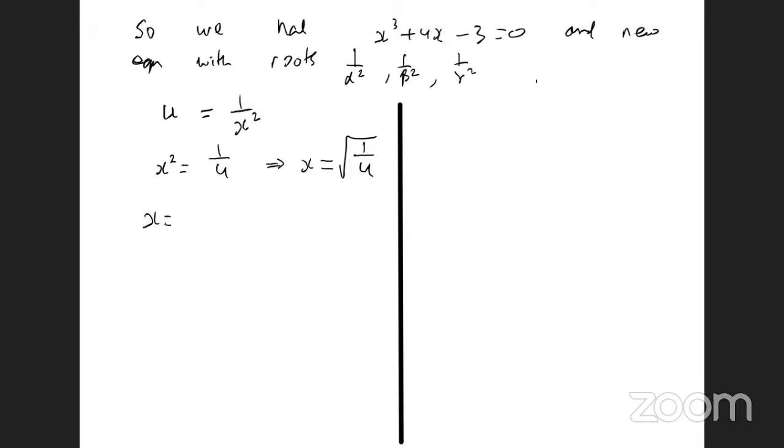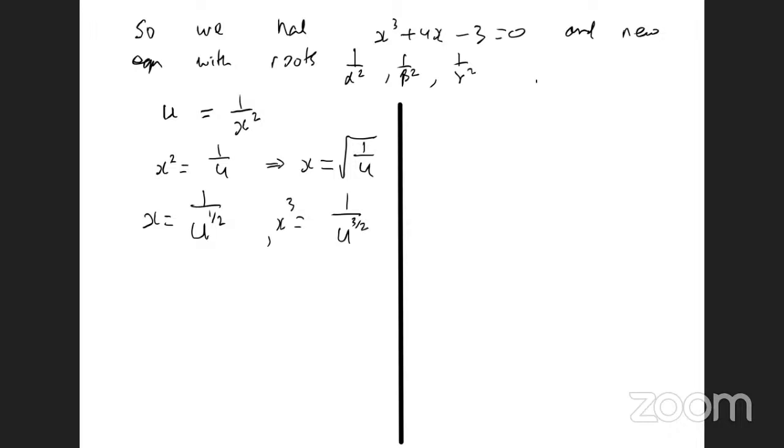So x is really 1 over u to the power of a half. Are you okay with that? So what would x cubed be? 1 over u to the power of cube everything, so it'll be 1 over u to the power of 3 on 2.